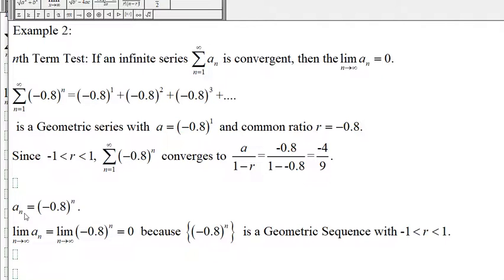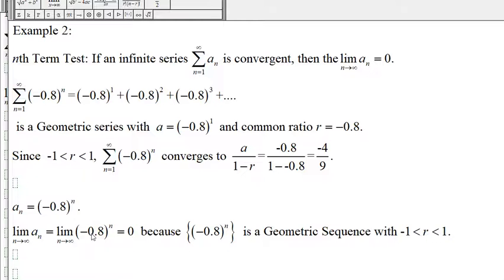A sub n is the sequence -0.8 to the n. And now we want to show that the limit of the sequence a sub n is equal to 0. -0.8 to the n is a geometric sequence with r between -1 and 1.